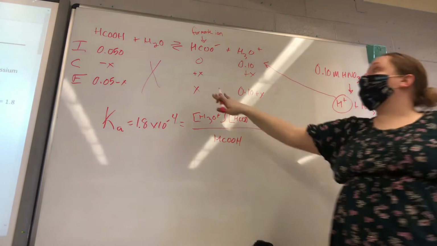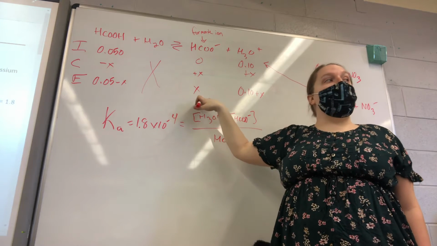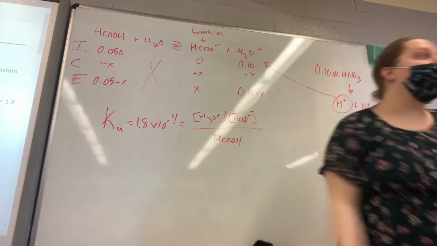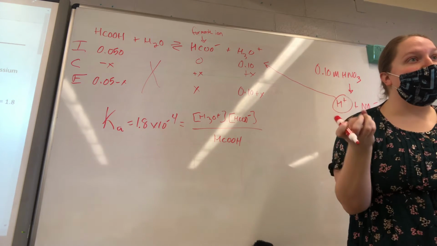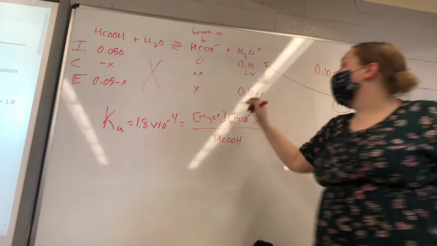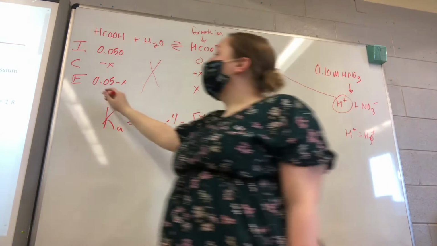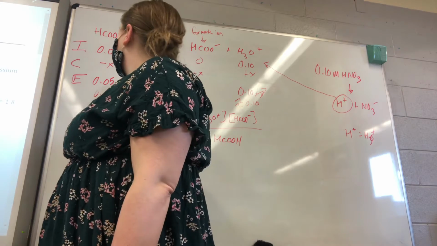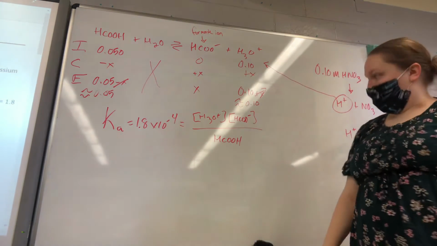Our goal is formate ion concentration at equilibrium, correct? So we have to solve for x. Can we ignore x to start? The subtraction or addition of x is one we can ignore. We're going to prove to ourselves that we can do this by solving for x without the change.